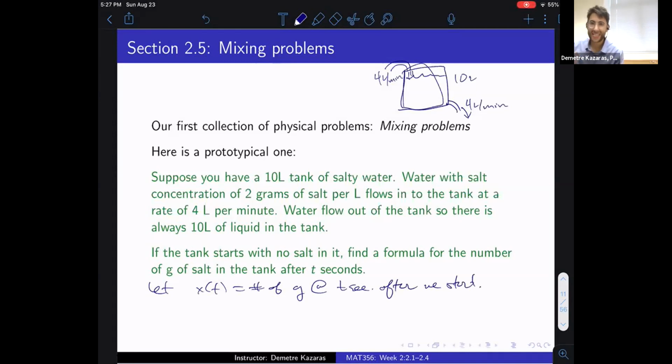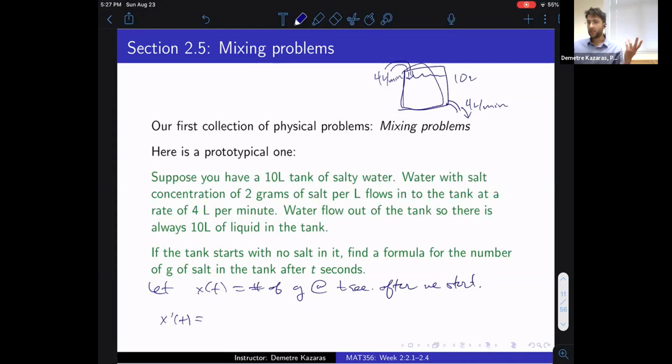Now, we want to find a differential equation that x satisfies. Well, let's make the following observation, not so mind-blowing: x prime of t has the interpretation of the rate of change of the number of grams of salt in the tank.